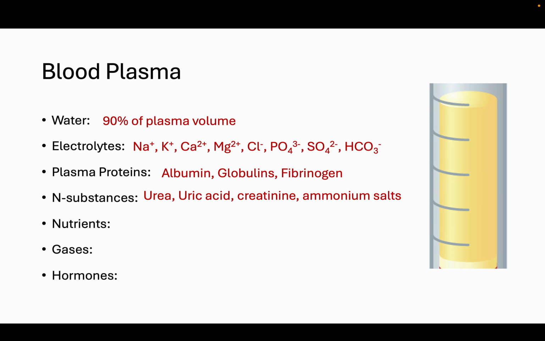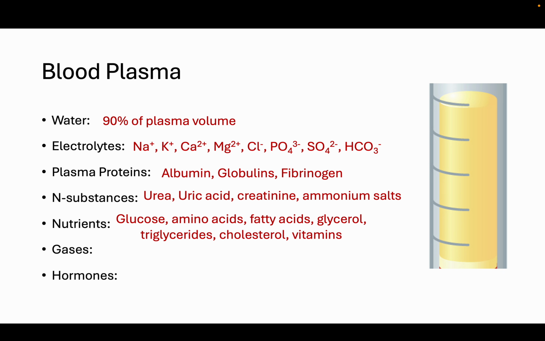The nitrogen-containing substances are largely products of cellular metabolism, so here you have urea, uric acid, creatinine, and ammonium salts. Nutrients include glucose, amino acids, fatty acids, glycerol, triglycerides, cholesterols, and vitamins. Gases, the two major ones being oxygen and carbon dioxide.